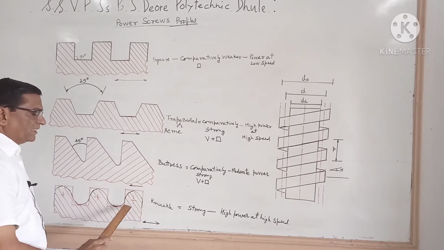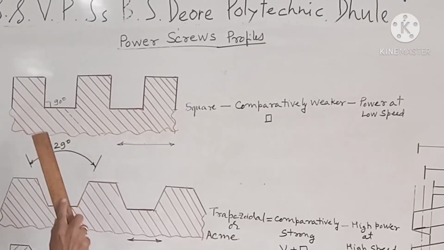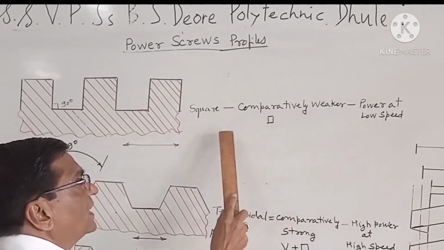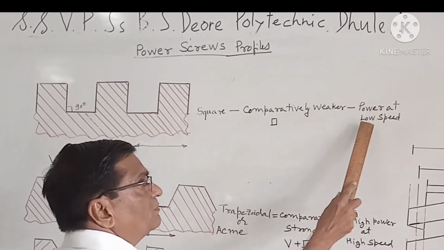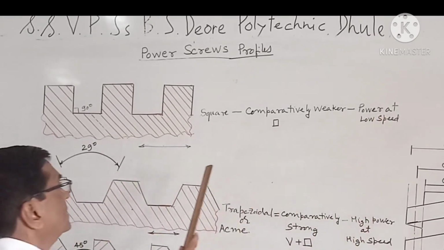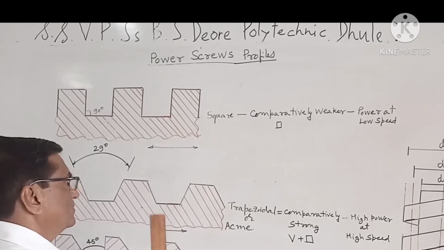Now square thread: here the thread angle is 90 and it is comparatively weaker than the V thread. It transmits power at low speed. It can transmit power in both directions of the axis.